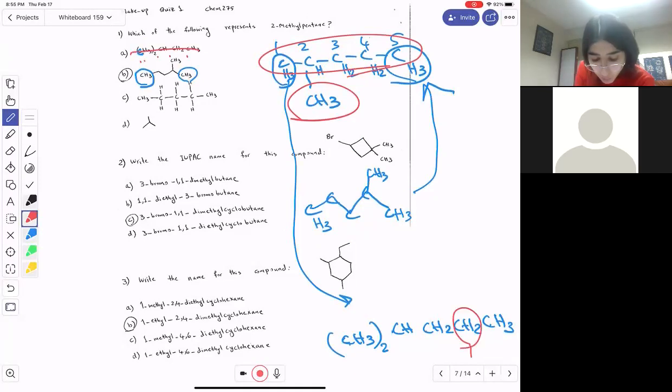But this one, you count 1, 2, 3, 4, 5 on the main chain and 1 branch. Can you see that? Here, 1, 2, 3, 4, 5, but where is the branch? We have C5H12, which is CnH2n+2.